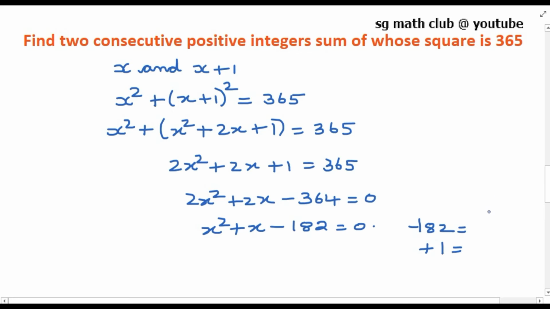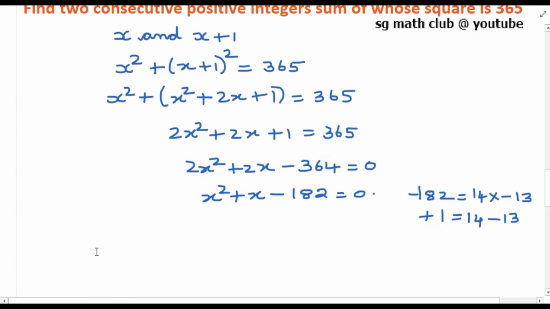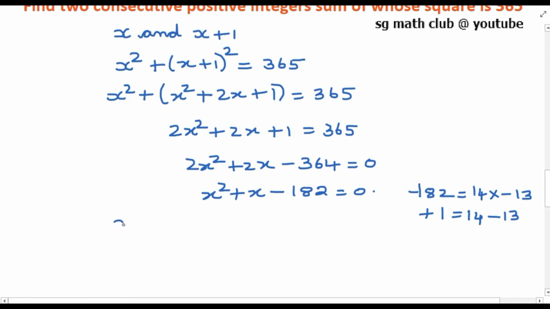So which are those numbers whose product is minus 182 and sum is plus 1? So we can take 14 and minus 13, and 14 into minus 13. So if you open the bracket, we have x square, we can split the middle term, so plus 14x minus 13x minus 182 equal to 0.